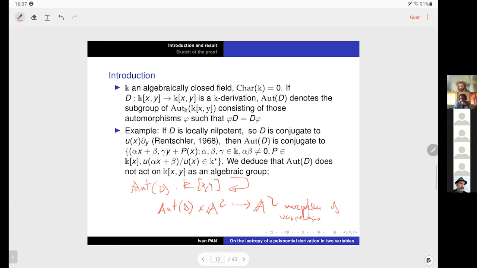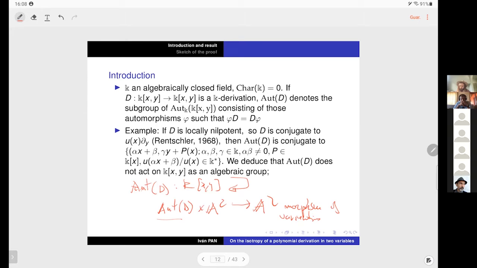Okay, then I repeat. You say that a subgroup of the automorphism group of the polynomial ring is an algebraic group when it is an algebraic group abstractly, and the action of this group, in particular of the isotropy, on the affine plane is a morphism of varieties. In this example one may see that the isotropy is not an algebraic group.